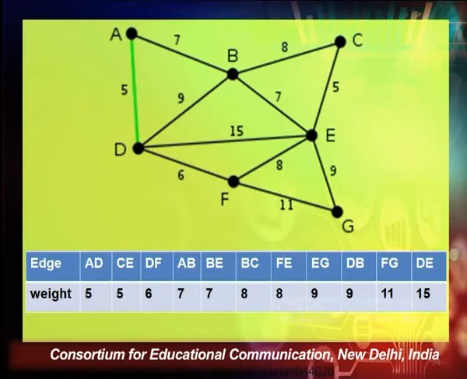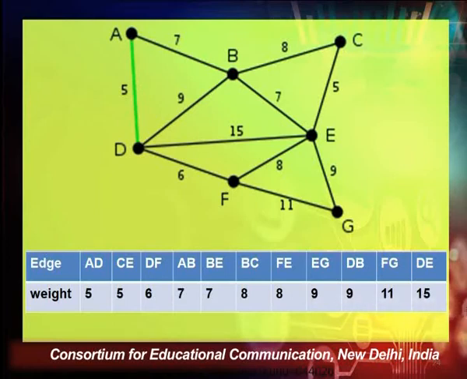So 6 edges we have already included. We have AD, we have AB, we have BC, and then CE we also have, and then EG, and then DF. So basically we can say all the vertices have been covered. So as all the vertices have been covered, we can always stop our algorithm here.